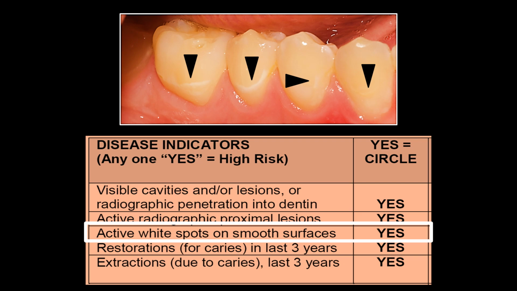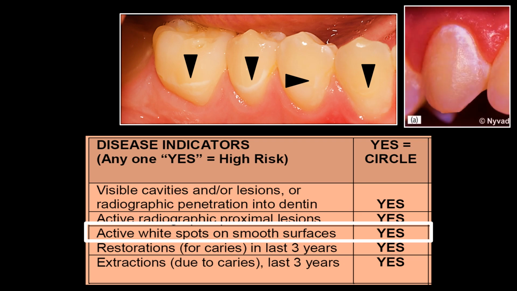Let's compare these lesions with one of the lesions from the previous slide. The lesion on the right is active because it's rough to touch and it's bright and chalky white. It also sits at the gingiva where plaque would sit. All of the lesions on the left are shiny, smooth to touch, and more translucent white.